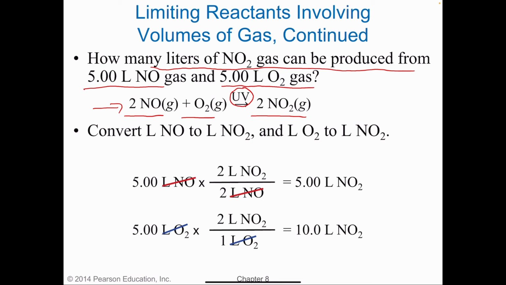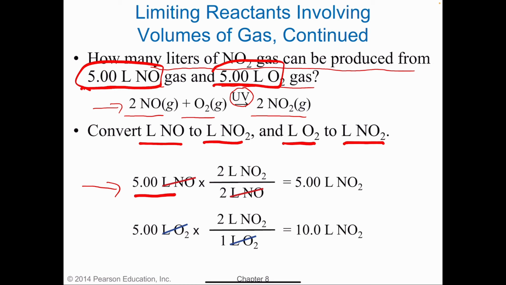So what we'll do is convert liters of NO, one of our reactants, to liters of product, and we'll do the same thing for oxygen. We'll convert the 5 liters of oxygen to product and see which one gives us the smaller result, because that will be our limiting reactant. So for the nitrogen monoxide, we're starting with 5 liters.